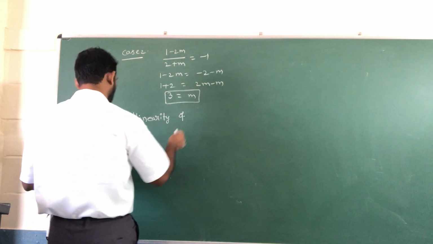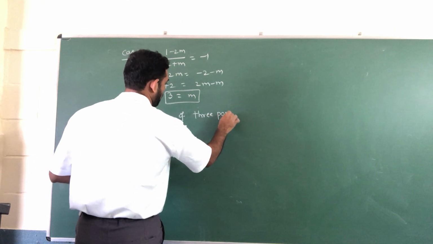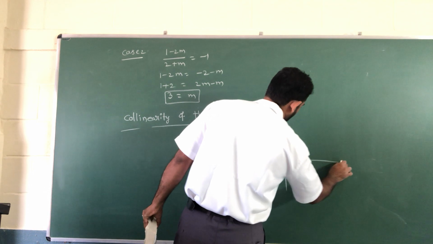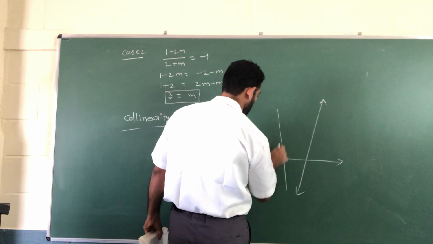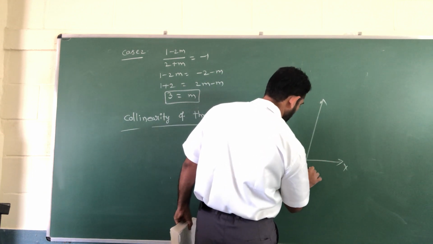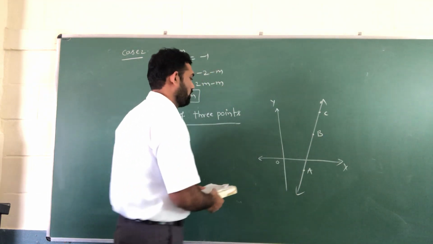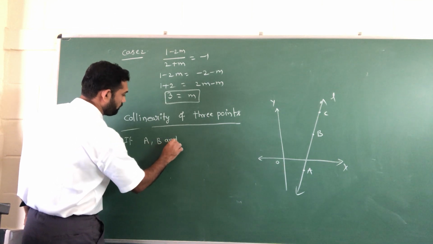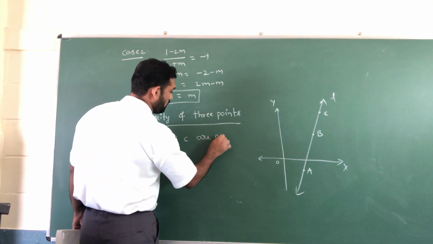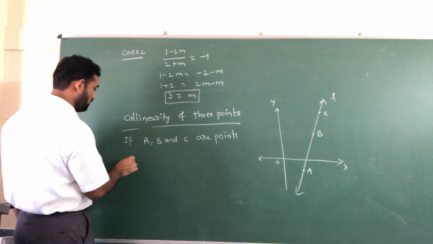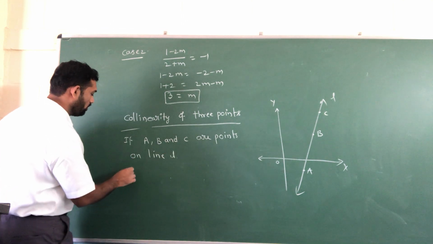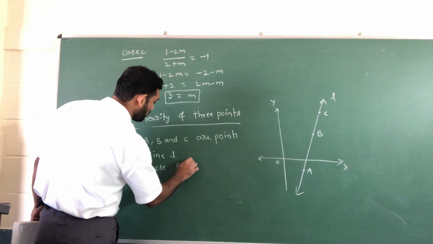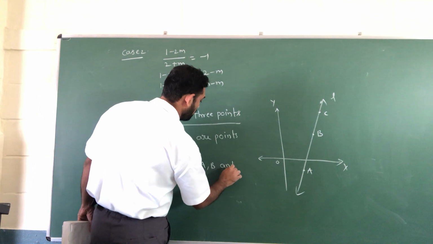Collinearity of three points. Suppose A, B and C are points on line L. So these points A, B and C are collinear.